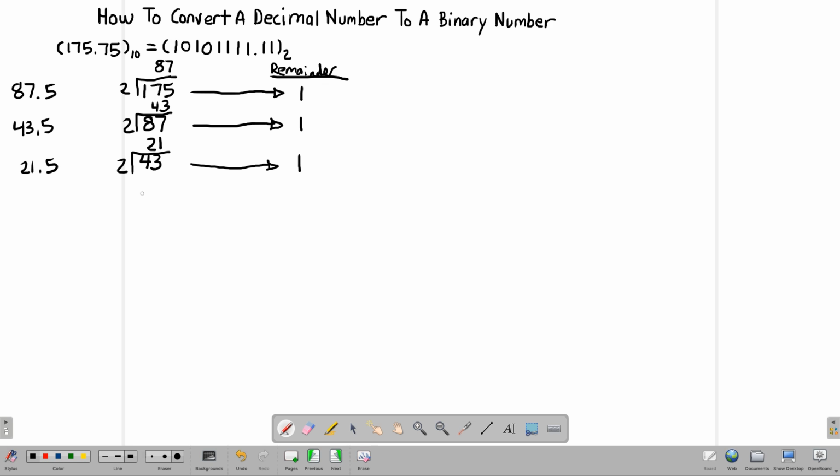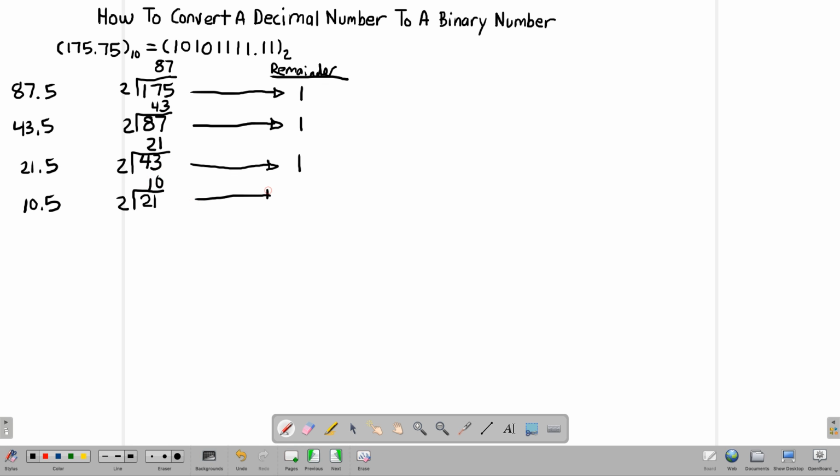So now we continue. The next number is 21, and we divide that by 2. Let's see, 21 divided by 2, and we get the value 10.5. And that indicates that 2 goes into 21 10 times, and there's a remainder.